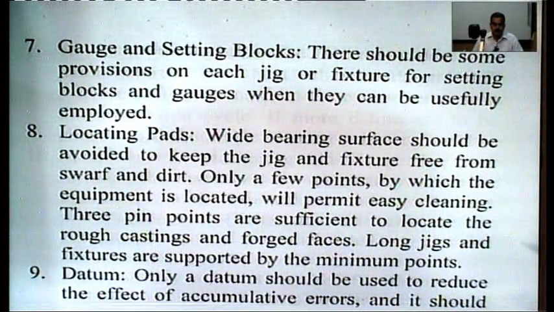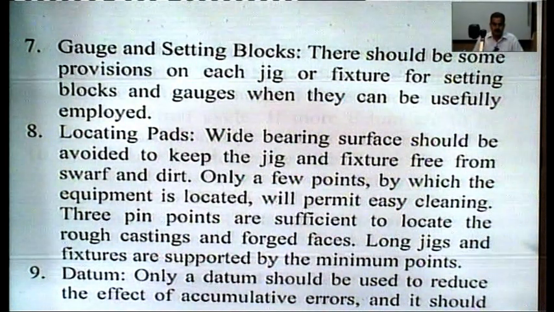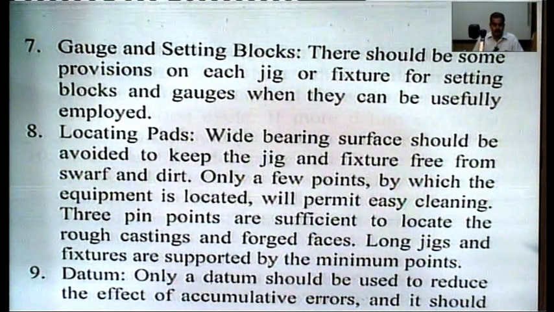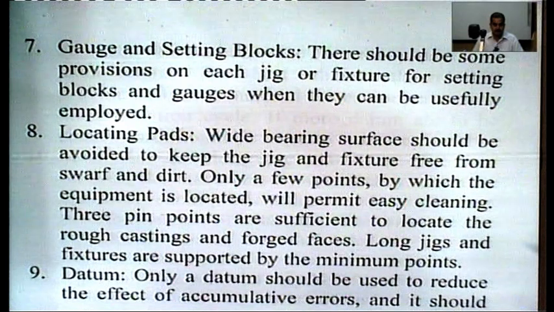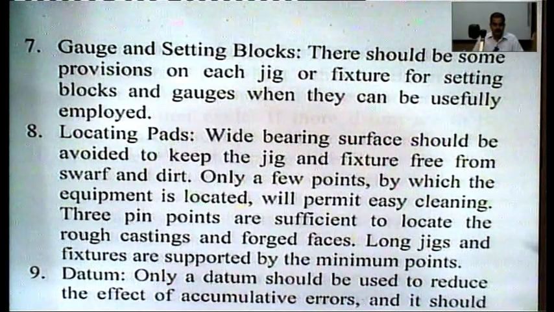The seventh point is gauge and setting blocks. There should be some provision on each jig or fixture for setting blocks and gauges, where they can be usefully employed. And eighth is locating pads. Wide bearing surfaces should be avoided to keep the jig and fixture free from swarf and dirt.